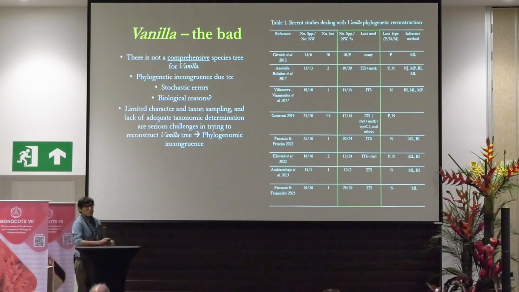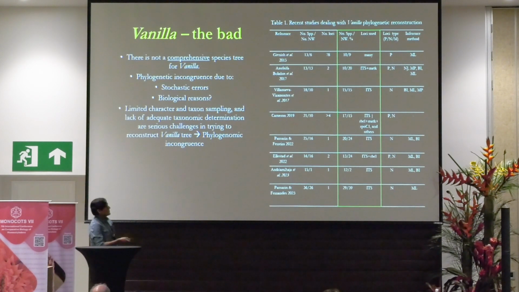So now moving on to the bad thing: there is no comprehensive species tree in vanilla. And that surprised me, because, as I mentioned before, it's one of the most famous groups of orchids. So there's no such thing as a species tree in the group.